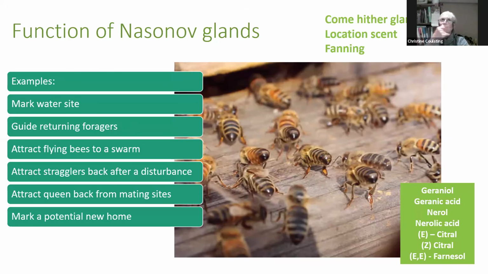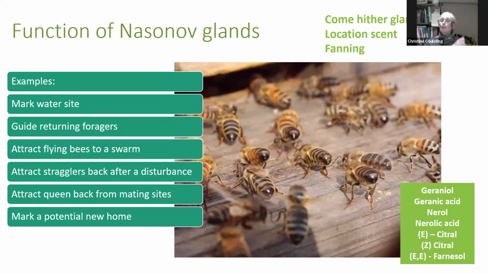It's quite a flowery scented cocktail, which provides a location site. Some examples: it's used to mark water sites. Water doesn't really give off a scent. To guide returning foragers back to the hive, and also to a swarm.